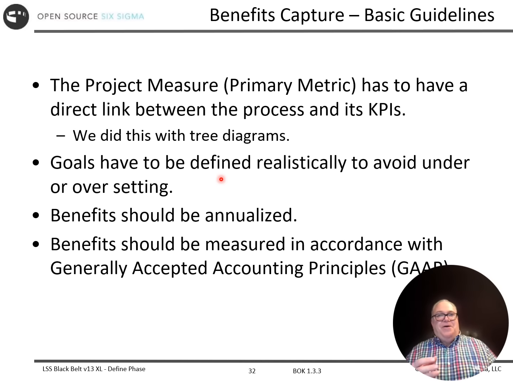As far as putting a value on a project and the project portfolio, most companies do an annualized benefit. So even if the benefit comes in the fourth quarter, we would say over a year, this project would save this much.